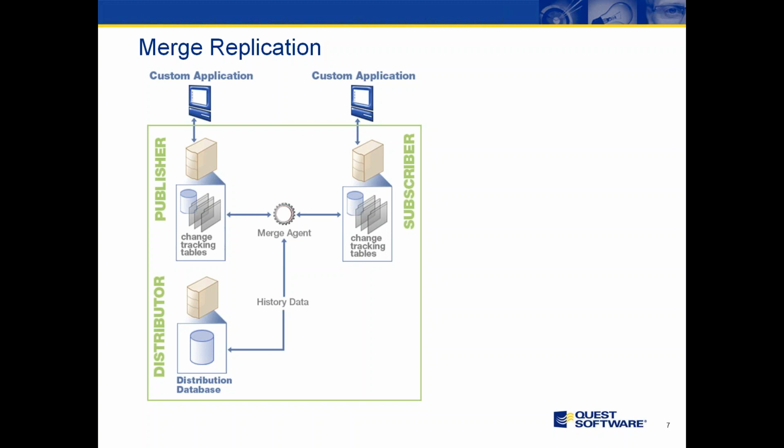These are common for all types of replication, but we do have one more type of agent, which is called a merge agent. This merge agent is responsible for pulling the changes from your publisher and applying those on the subscriber, and in the same way, it keeps track of the changes on the subscriber, and those will be pushed back to the publisher.